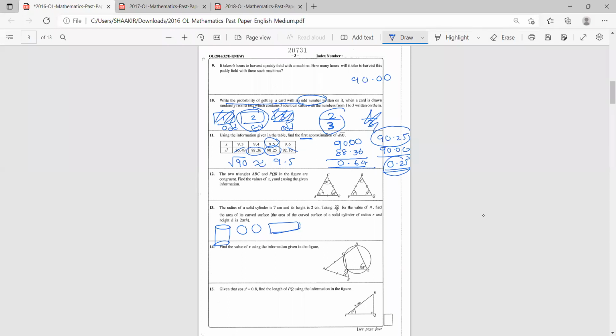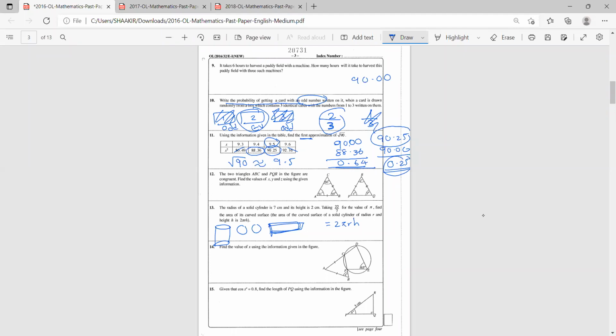Okay. Now they are mentioning, take 22/7 for the value of pi. Find the area of its curved surface. Curved surface means this rectangle. They are asking you to find the area of the rectangle. So for the cylinder's curved surface, children, for the rectangle, we give it as 2 pi RH.